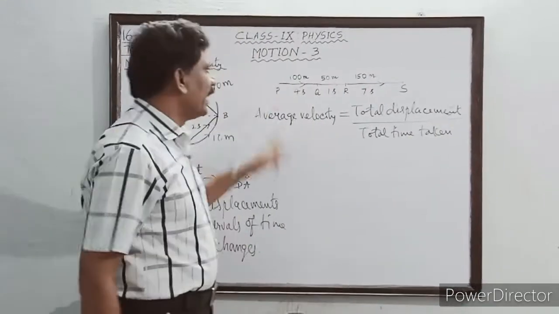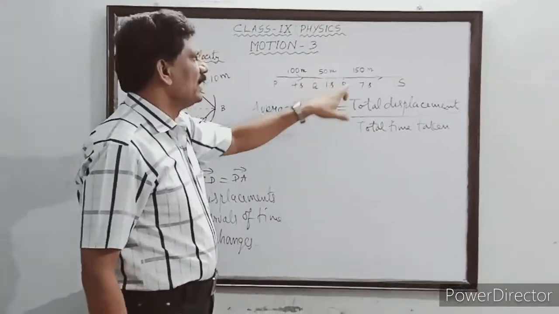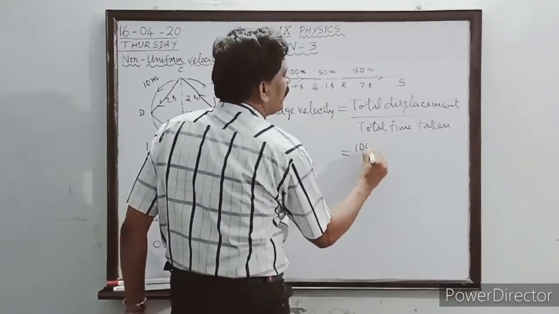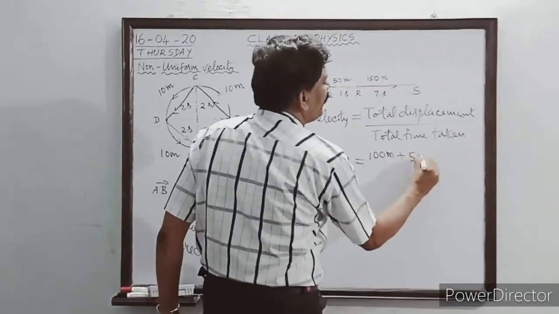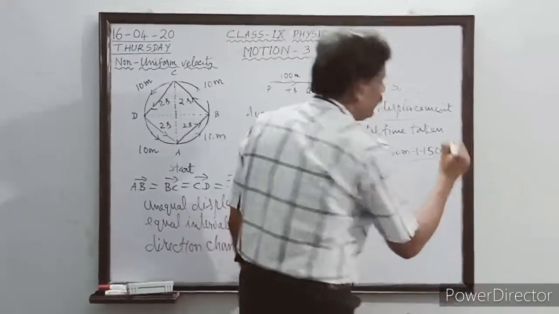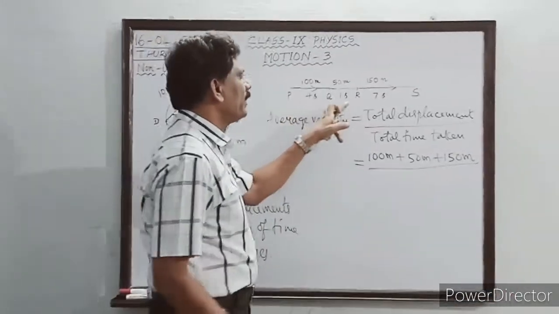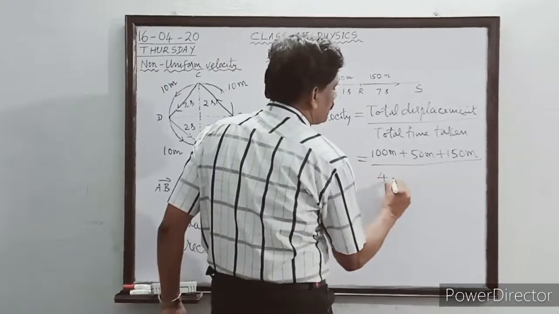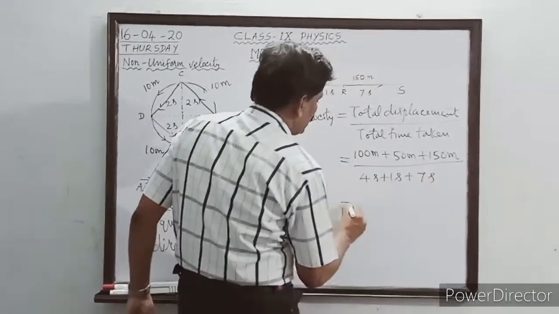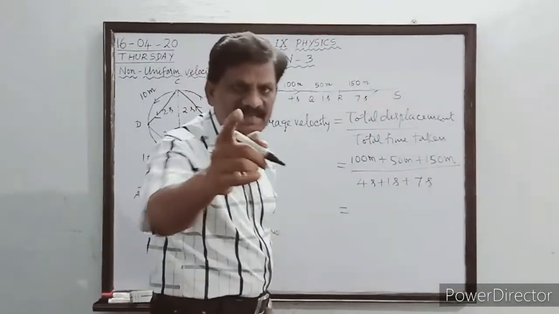So, you add P to Q 100 meter, Q to R 50 meter, R to S 150 meter. So, the total displacement is equal to 100 meter plus 50 meter plus 150 meter, divided by the total time taken, 4 second plus 1 second plus 7 second. Yes, you tell me what is the total displacement now? 150 plus 150 is 300.